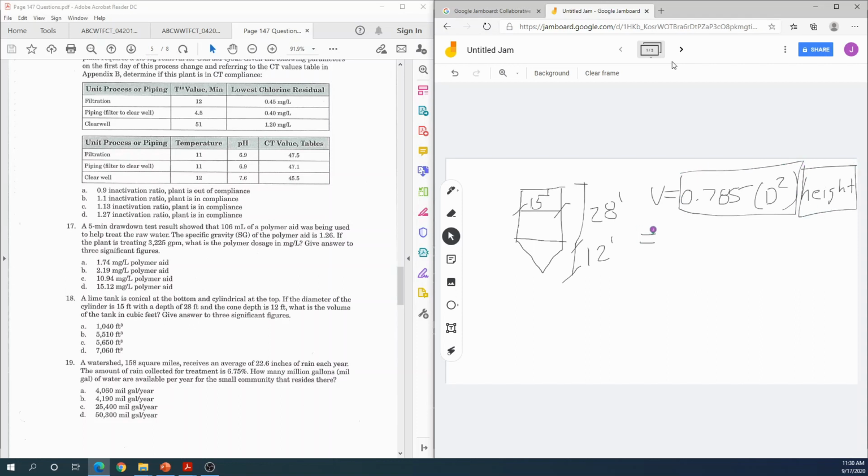So this is equal to 0.785 times diameter squared, which is 15, times our height, which was 28. And this is going to equal 4,945.5 feet cubed.